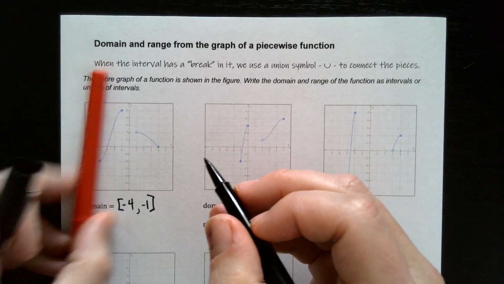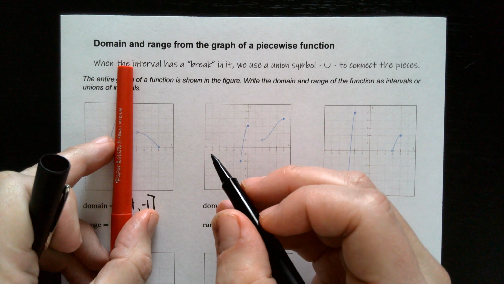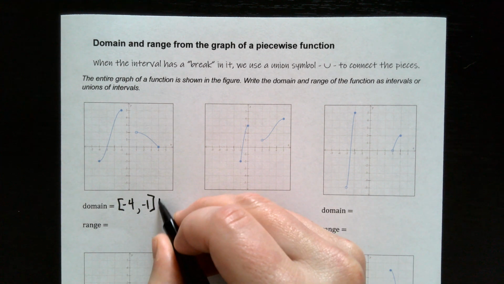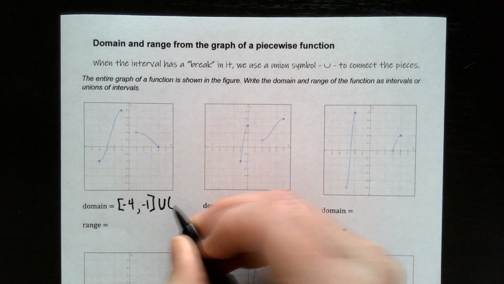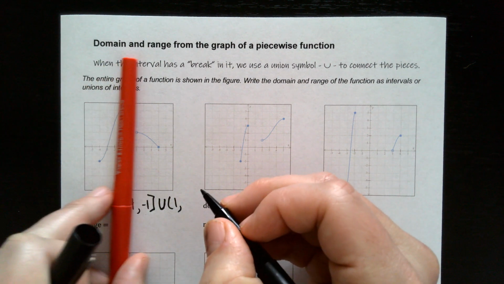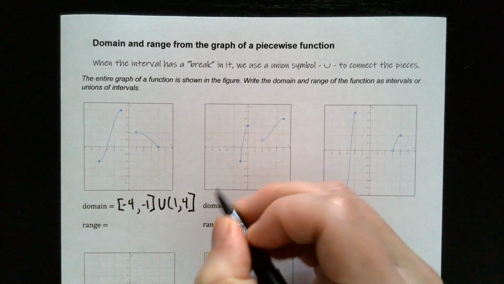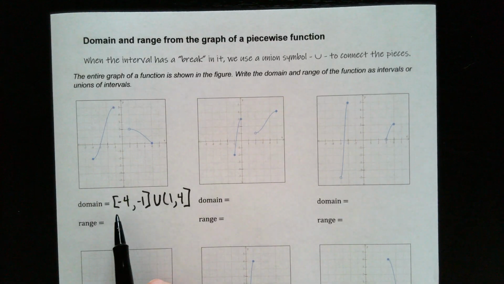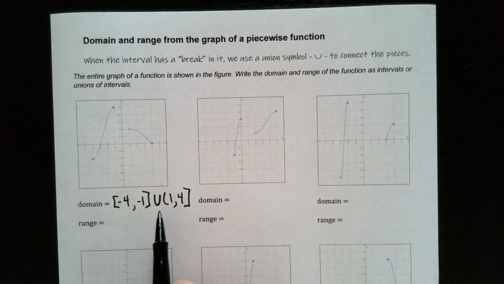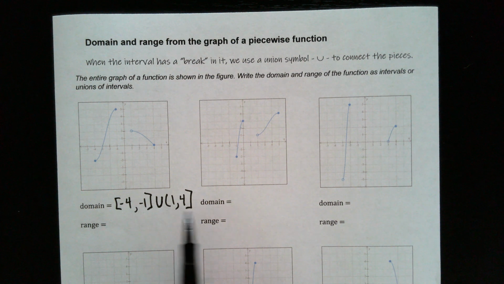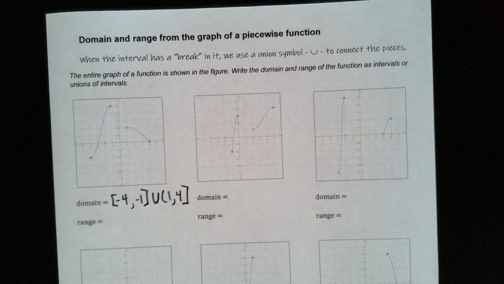And then it skips in between, and then it starts again at 1, not included. I'm going to put a union in between here, 1, and it goes all the way to 4, which is included. So our domain is -4 to -1, both included, and then also from 1 to 4, where 1 is not included, but 4 is.